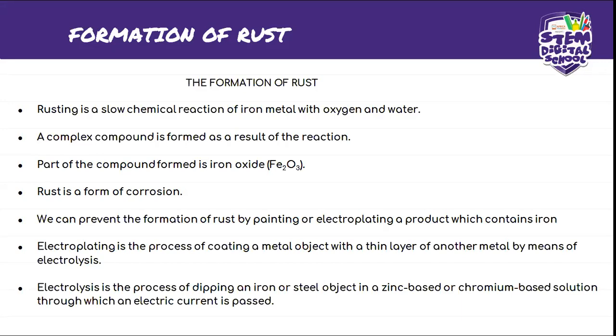Then we said electroplating is a process of coating a metal object with a thin layer of another metal by means of what? Electrolysis. And then we said electrolysis is the process whereby iron or steel is dipped into a zinc based or chromium based solution through which an electric current is passed.